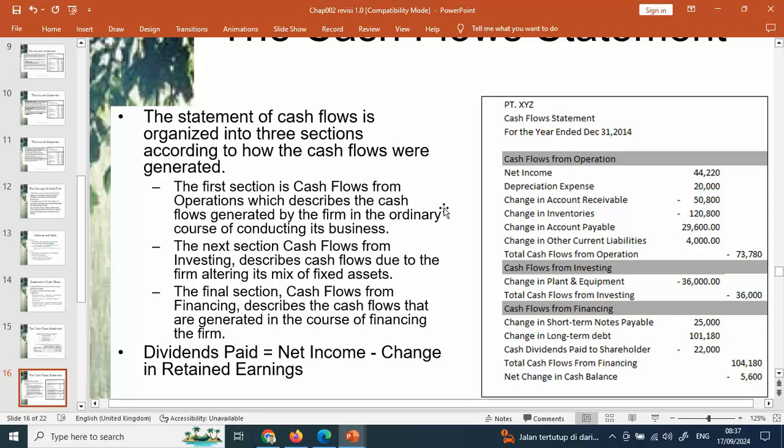So in cash flow, what we calculate is the changes. All changes. People changes, yeah. Transactions also change. People change.